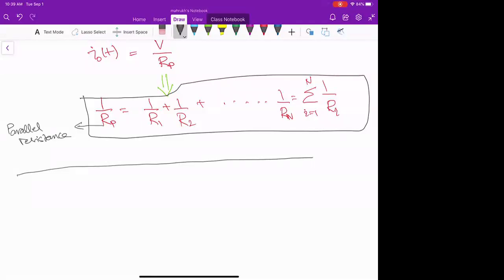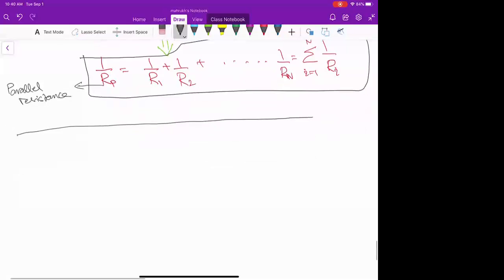Another thing that we all the time talk about is voltage division. We are doing the voltage division. So let's do this circuit. Voltage division, as the name says, means that we will divide the voltage.